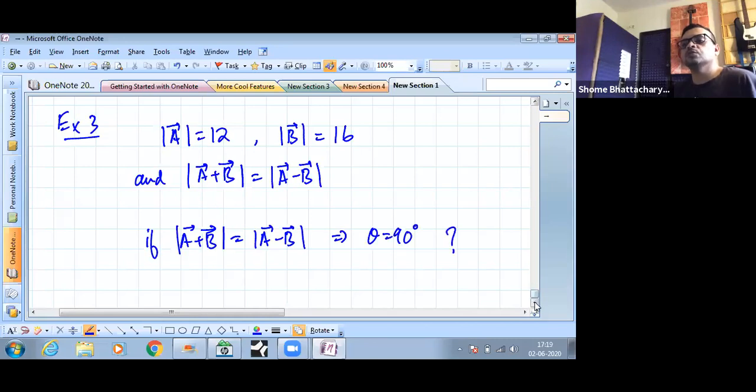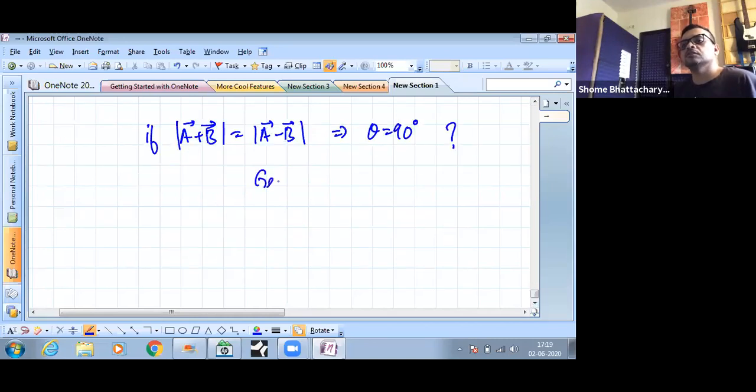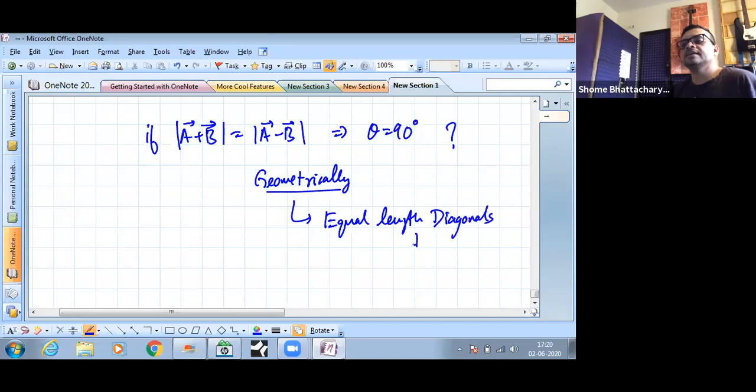Now, how to remember this one is geometrically. You remember, okay, equal length diagonals, which parallelogram has them? Rectangle. What sort of a parallelogram has equal length diagonals? Only a rectangle. So theta is equal to 90 degrees.